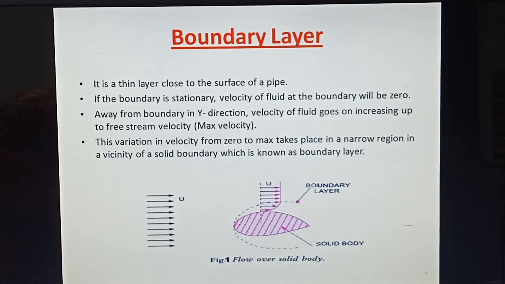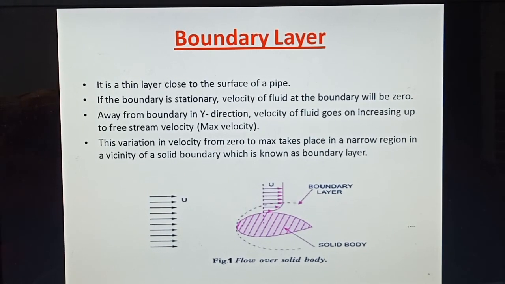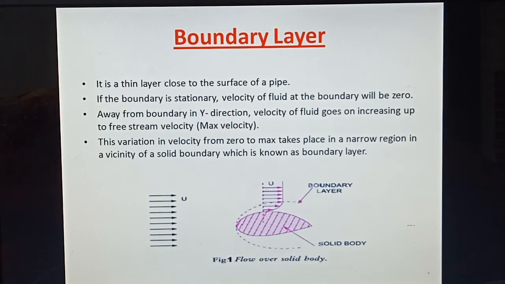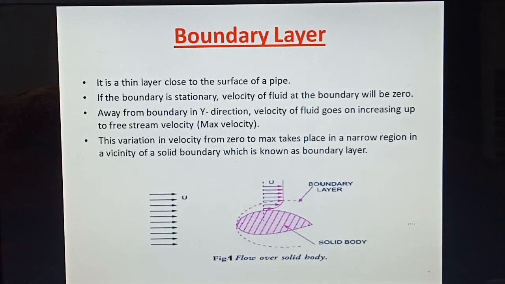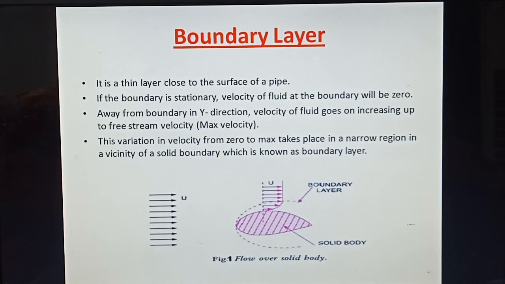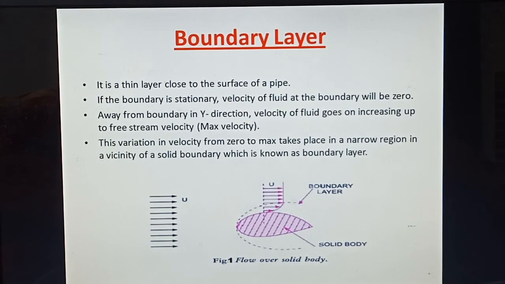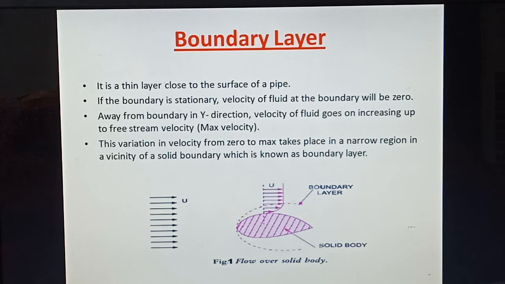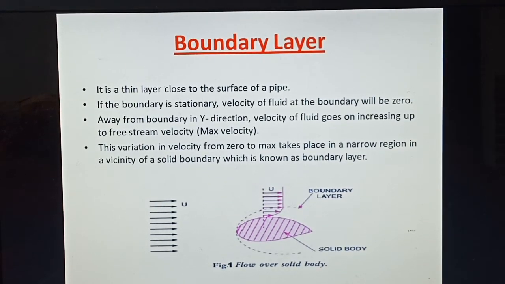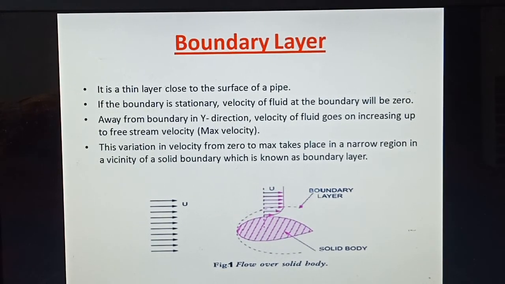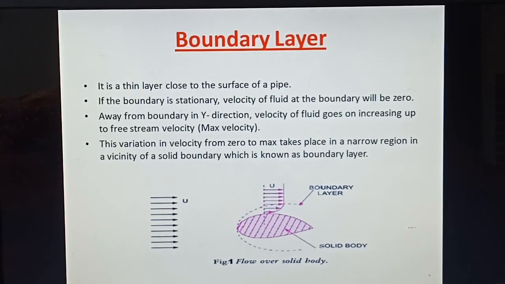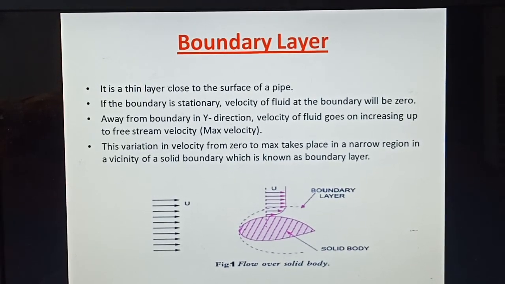For that, consider a flow of a fluid through a circular pipe. Now, the velocity of fluid close to the surface is always the same as the velocity of the surface. In this case, as our pipe surface is stationary, the velocity of fluid at the surface of the pipe is equal to 0.